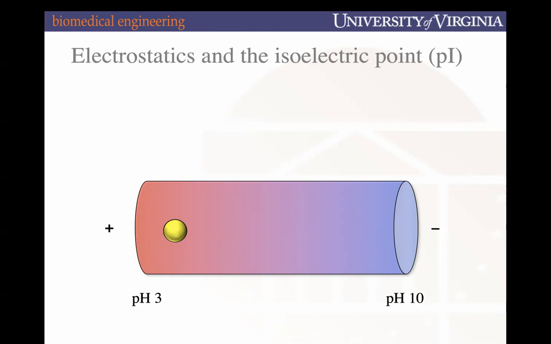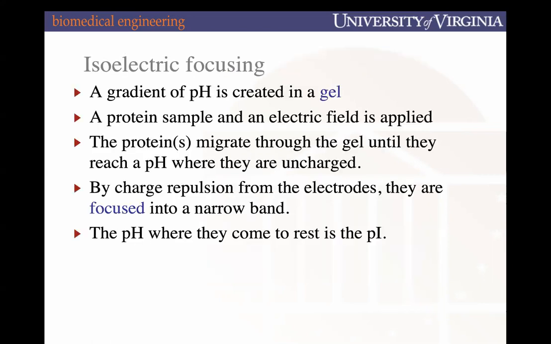There's a method with a spectrum of pHs where proteins are separated based on their isoelectric point, their actual charge, as an electric field is introduced across it. This method is typically called isoelectric focusing. It's a gel in which there's a gradient of pHs and an electric field applied across this gradient.